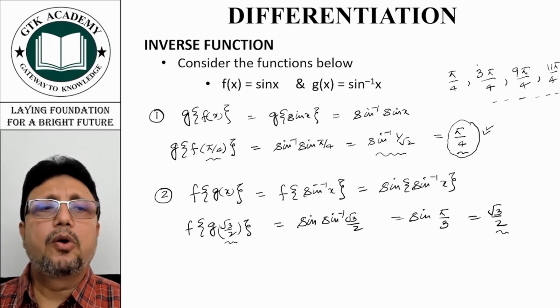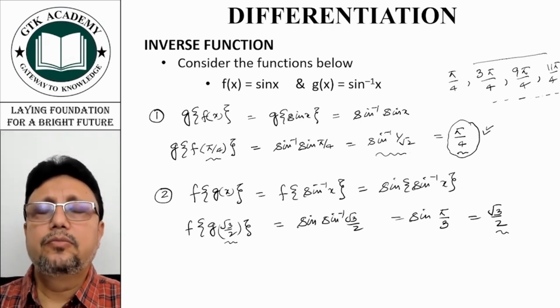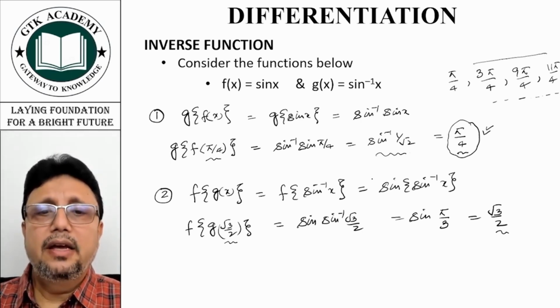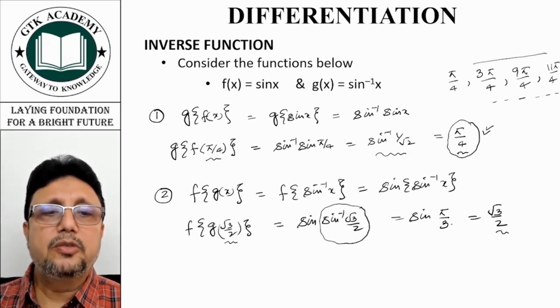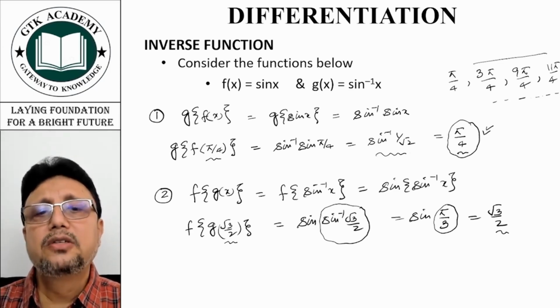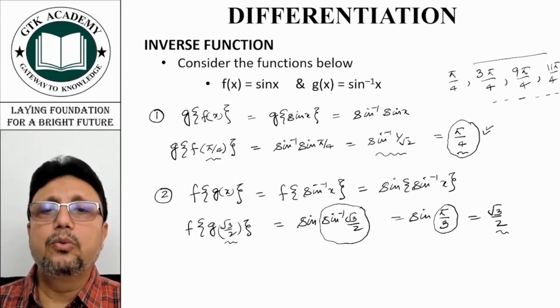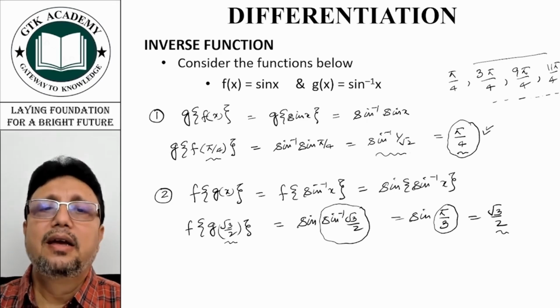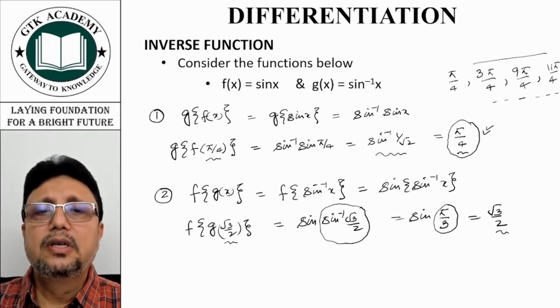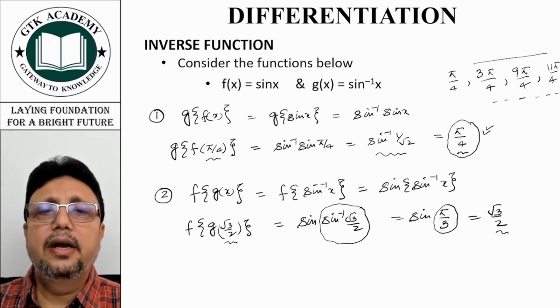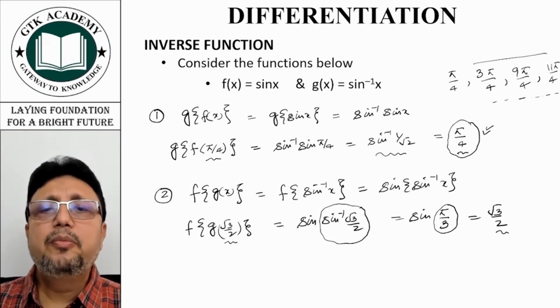We don't think about all other angles. Similarly, here also sine inverse root 3 by 2 has been mentioned as pi by 3, and there will again be an infinite number of angles whose sine will be root 3 by 2. And this is a problem. That means we have some problem in inverse, and we can have inverse only in a particular domain. Let me explain you.